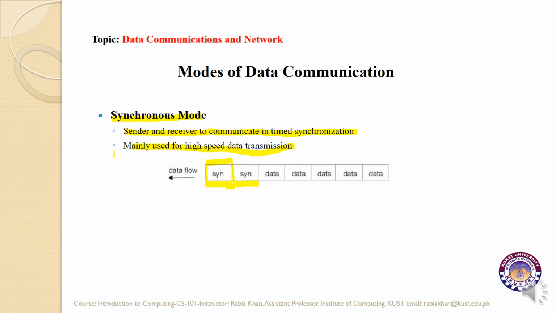But the issue is that the two devices sending and receiving data may get out of synchronization very easily. Their clocks may get out of synchronization very easily. So some of the data may be sent earlier while the receiver may have to wait for some of the data. So errors may result in data transmission if this mode of data transmission is used.